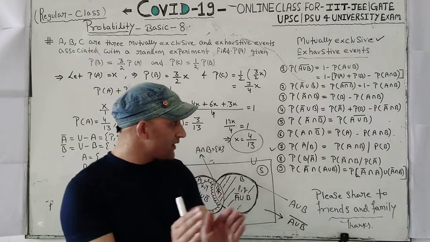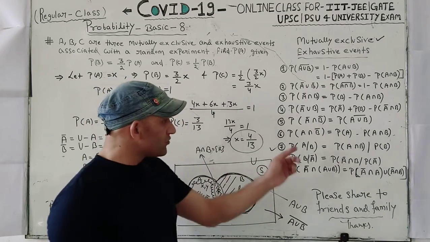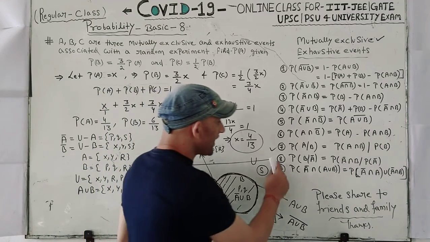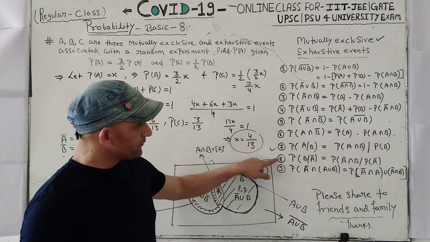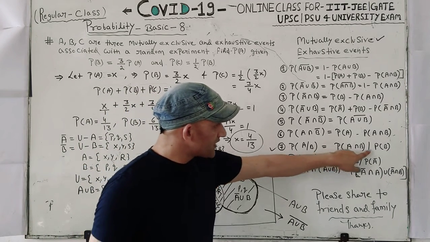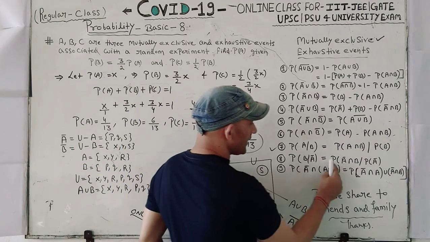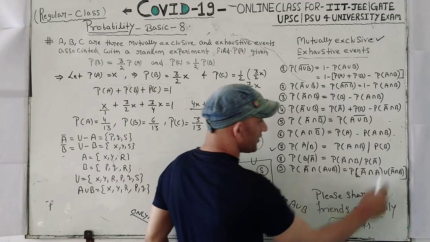We have explained this in Bayes theorem. Then this is also the same. Both formulas are the same: probability of A intersection B, probability of A dash intersection B, and probability of A dash.